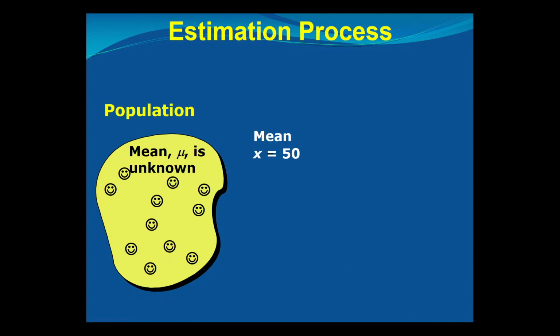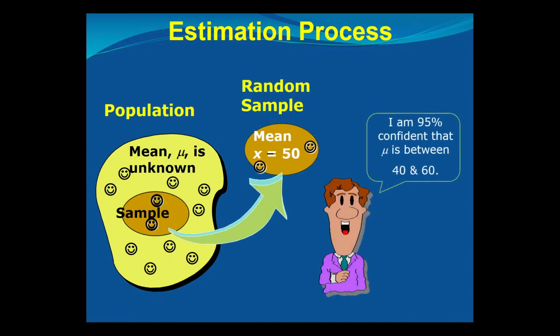Look at this slide. At this slide, you can see the estimation process. So we have a population with unknown mean, which is denoted as mu. We can draw a random sample from this population, and it is possible to calculate the sample mean.